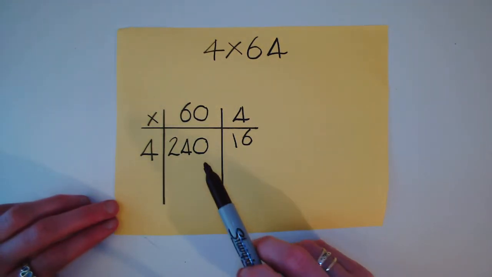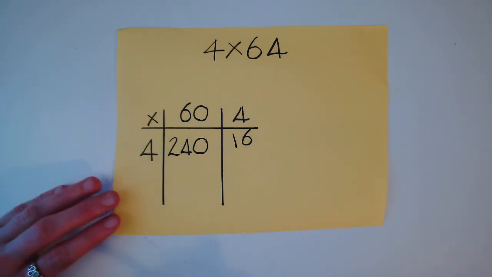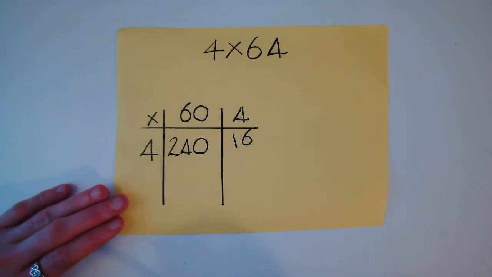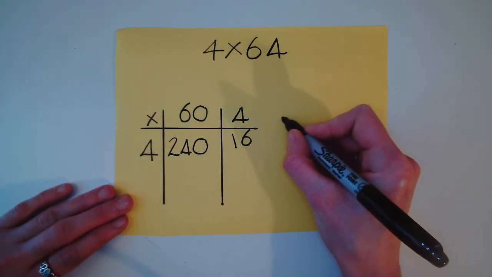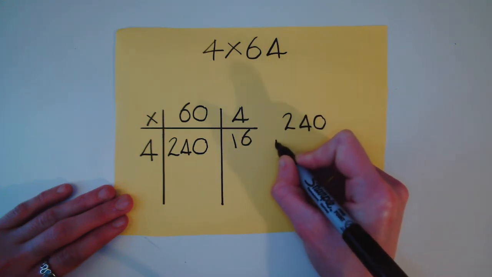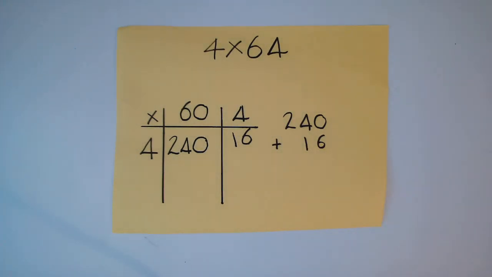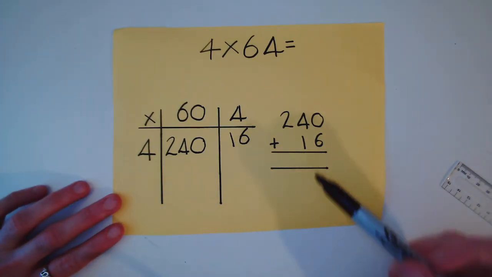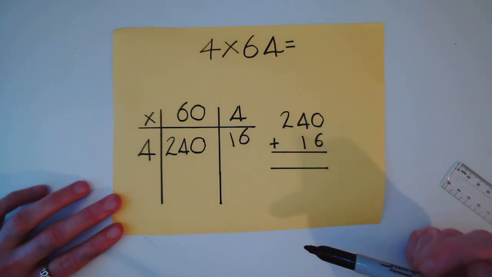So now we need to add 240 to 16. So if you want to do that in your head, that's fine. I'm going to do column addition just to be absolutely sure. So I've got 240 add 16. So do we start with our hundreds, tens or ones?